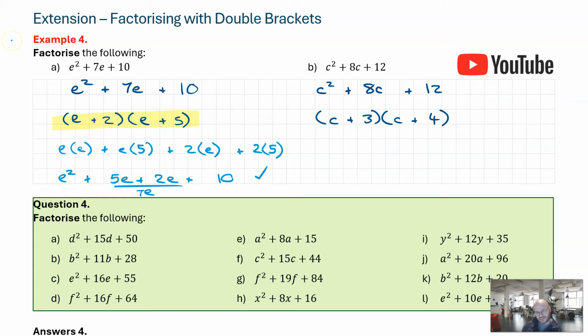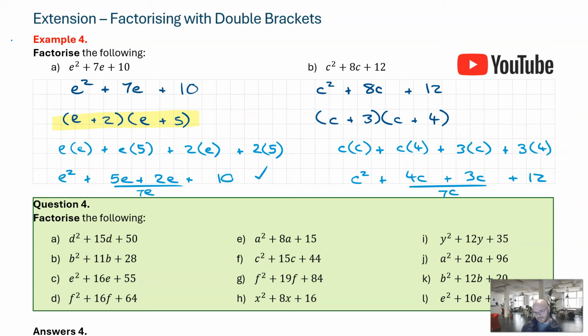Checking that this is correct, we know that we're going to get C times C, plus C times 4, plus 3C, plus 3 times 4. Expanding this, we get C squared, 4C, 3C, 12. When we combine these, we end up getting 7C, and we know that that doesn't match here. So what we discover is that this can't be correct.